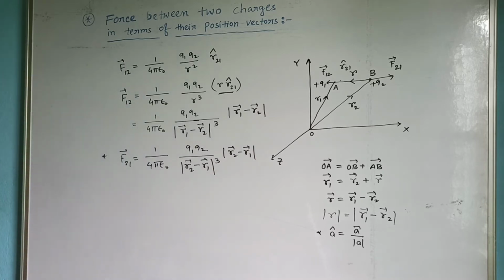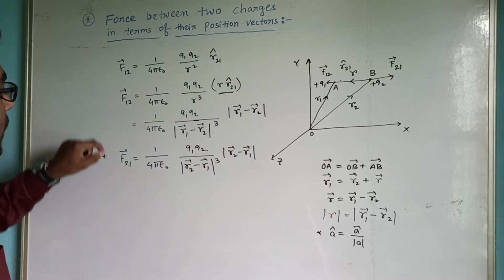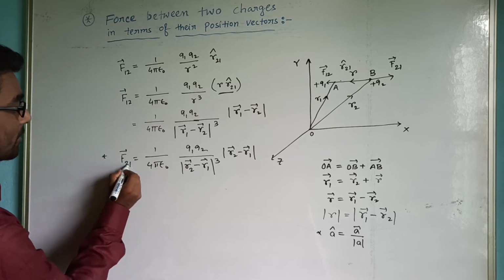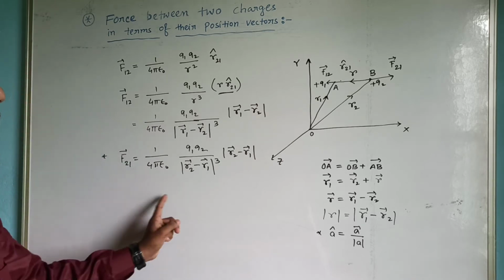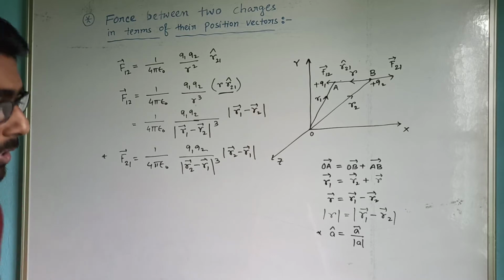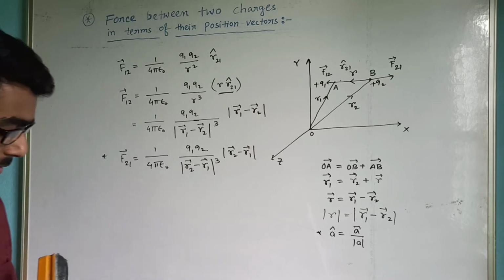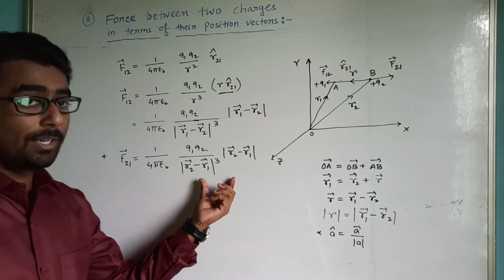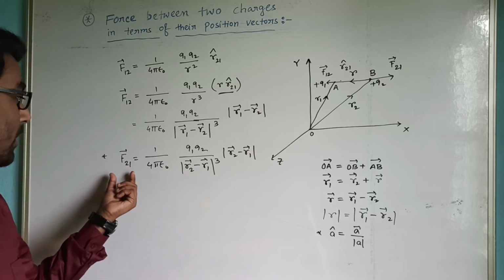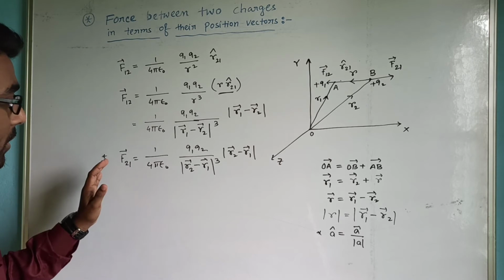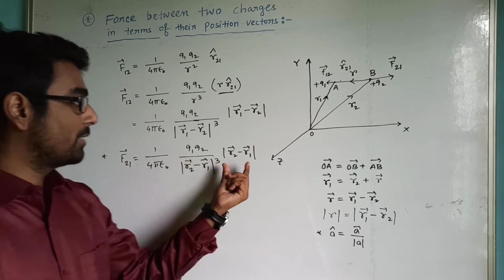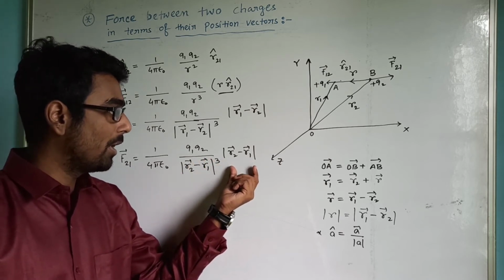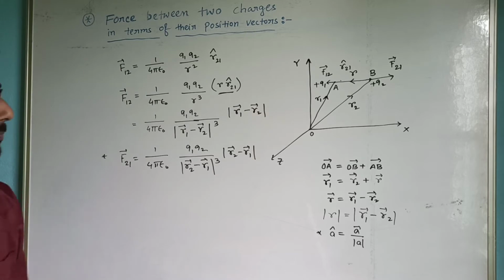So these two, F12 and F21, are the final expressions for force in terms of position vectors. It is pretty clear from the equation that both have direction as well. F12 is a force which has direction in the direction of r2 minus r1.